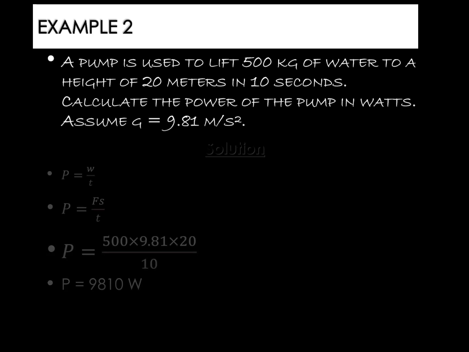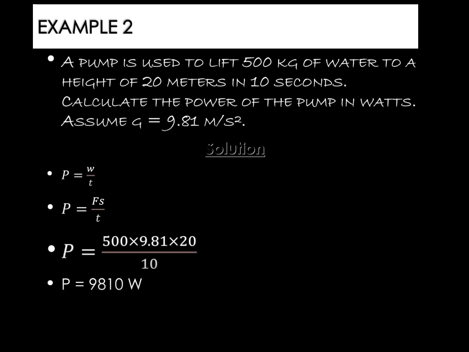So we know that power equals work done over time. I think this formula is applicable in every power question, so you should put this in your head. But here we weren't given work done. We were given mass, distance, time, and acceleration. What can we do?